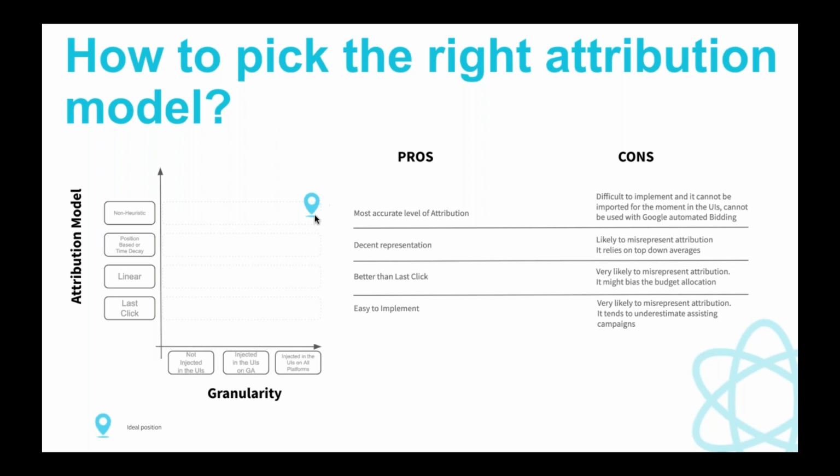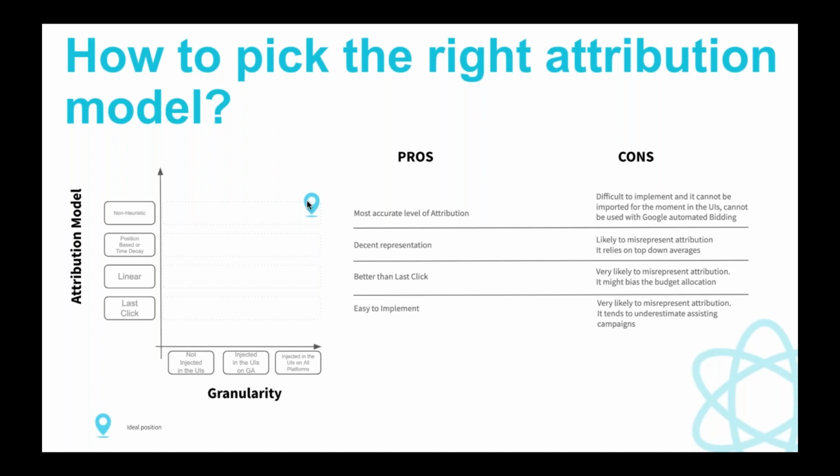So there are some technological barriers to get there. To give you a specific example, it is not possible to see in Facebook and Criteo and Google Analytics your non-heuristic computed sales to be injected directly across all platforms, unless you're using third-party layers and a very, very complex level of data layering.